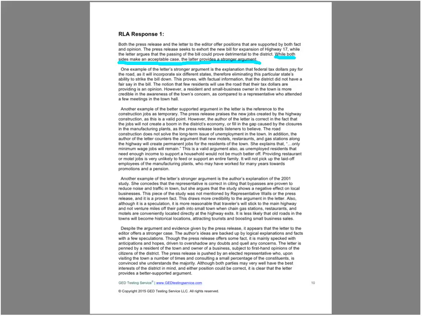And within this one, that student starts out on the very next paragraph, Bonnie, with "one example is," and then goes into the explanation that federal tax dollars pay for the road, as it will incorporate 6 different states. Now, what's interesting about that is if you go just a little bit further into that paragraph, you see how the student is explaining that. What difference? Why is that making that a stronger point?